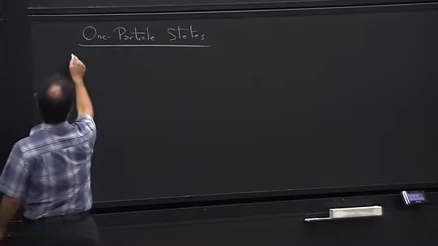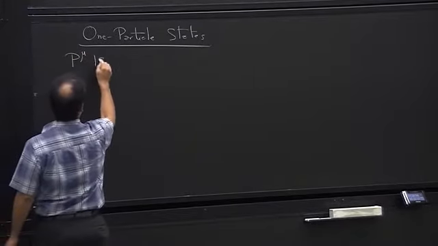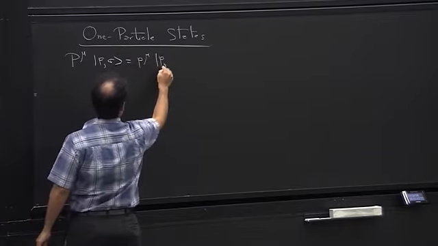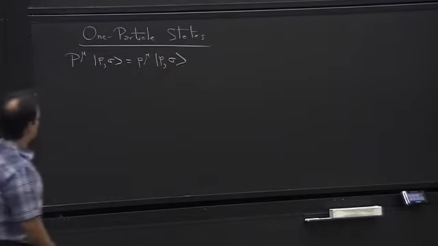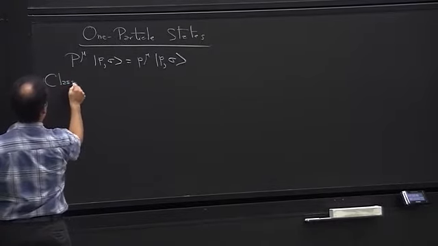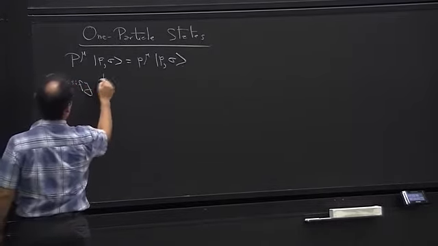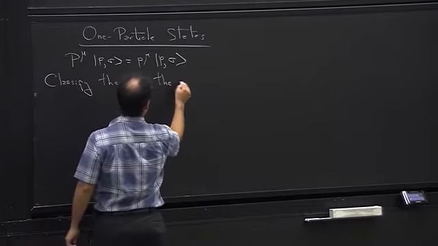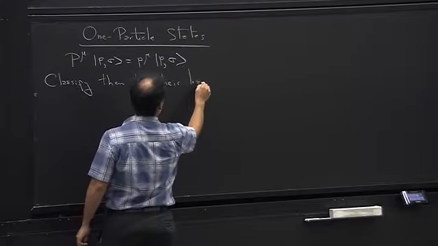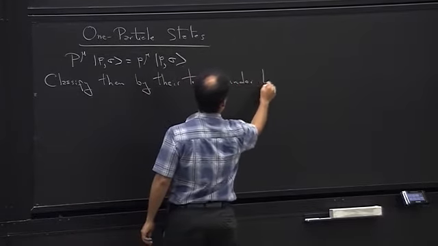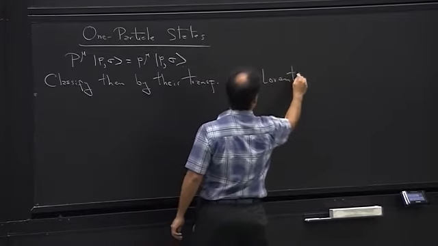And we said that they were defined as eigenvectors of the momentum operator. And we decided to classify them by the way they transform under Lorentz.